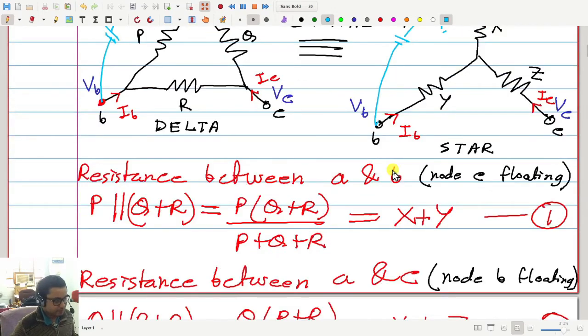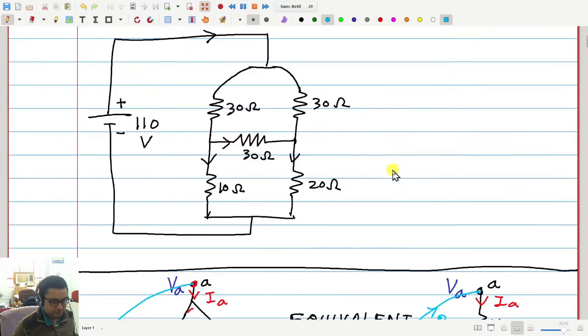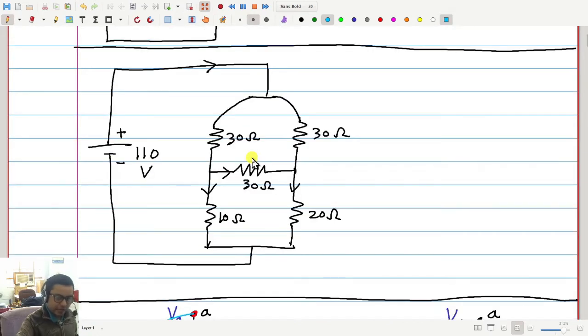Sir, then how will we apply this principle to the last question? This question, right? Yes, let us do that. You can do it in different ways. What I will do is this. You see, we have three nodes, 1, 2, and 3.